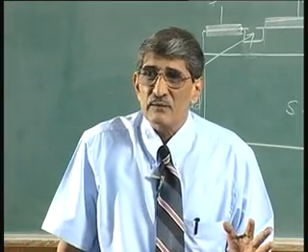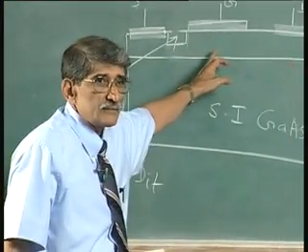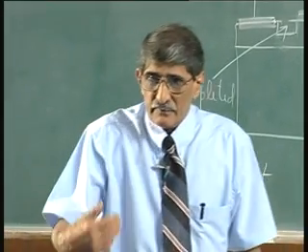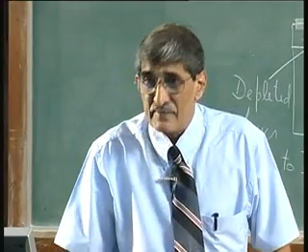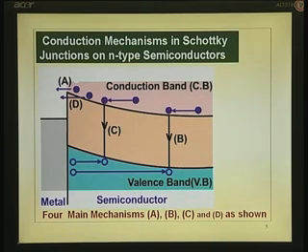Now, we will get back to our discussion on the Schottky barrier. As I have shown in the first slide itself, what we now do is take a look at the conduction mechanisms or the IV characteristics of Schottky barrier diodes. This is the metal and this is the semiconductor on this side.